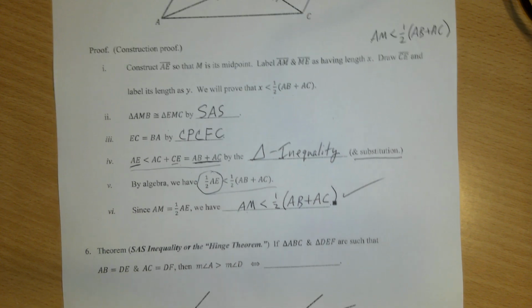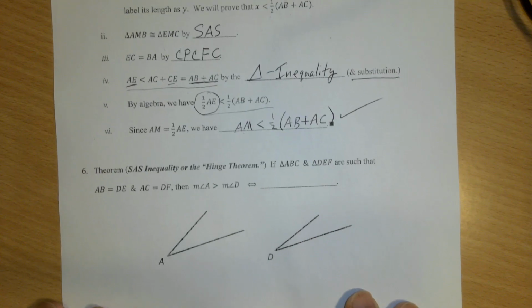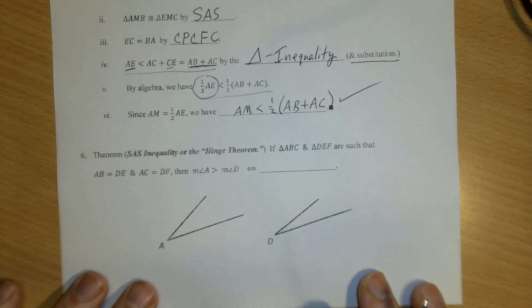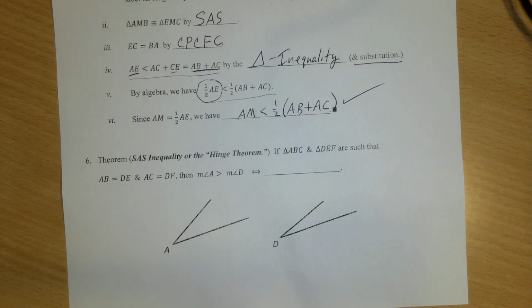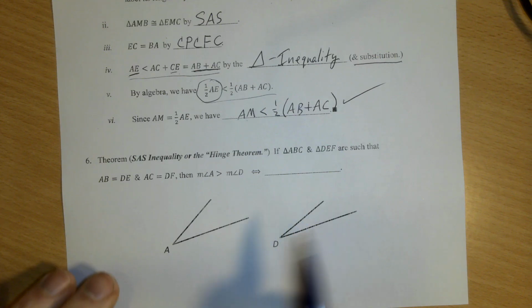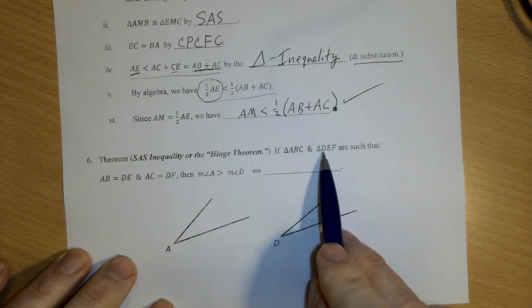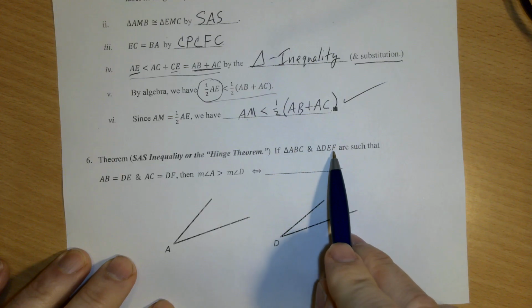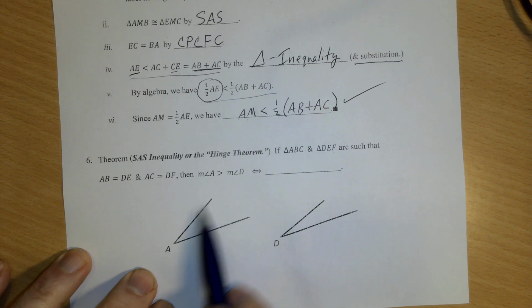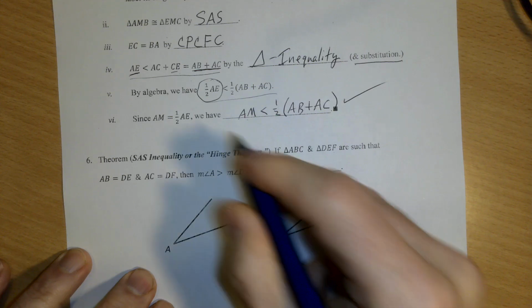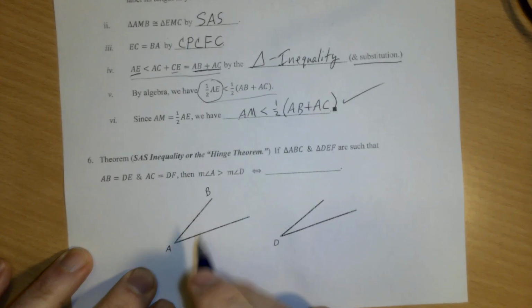Okay, next thing in this video, the last thing I should say, is a theorem called the SAS inequality, or it's called the hinge theorem. So if two triangles, ABC and DEF, are such that AB, I'm going to make triangles out of both of these, but let's go ahead and do this.